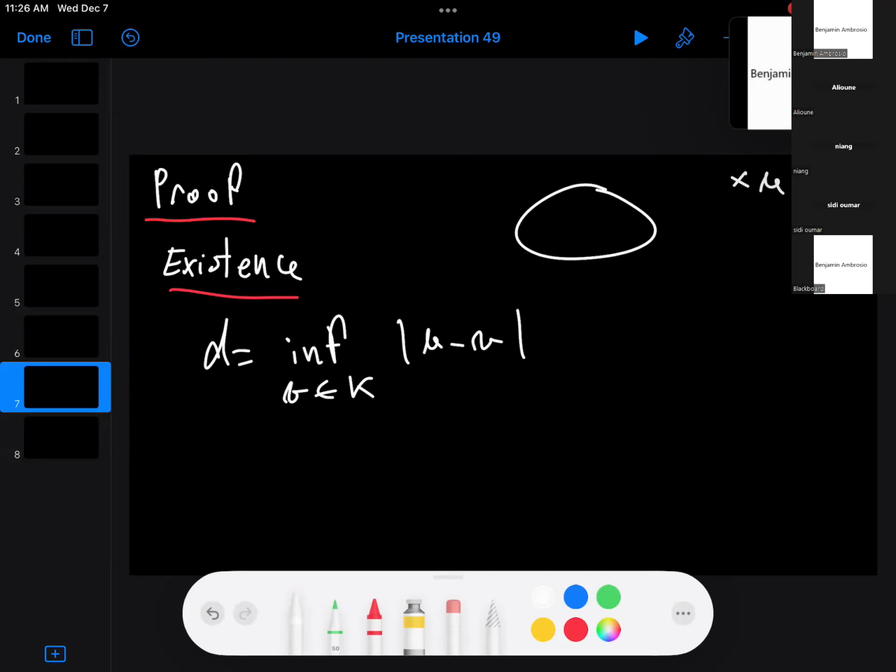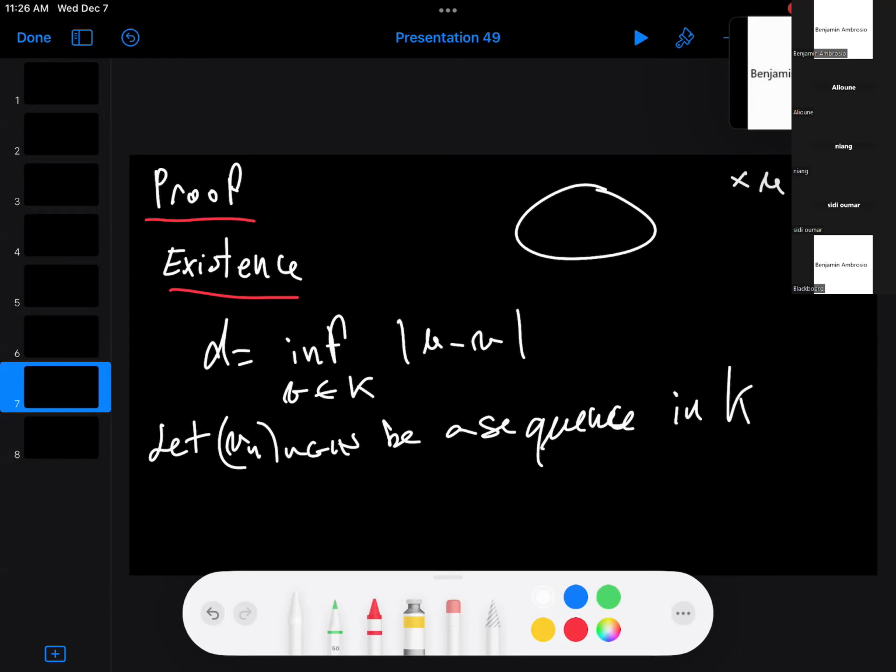This is a number because it is positive, and so I can find a sequence Vn in K such that the norm of u minus Vn converges to d.